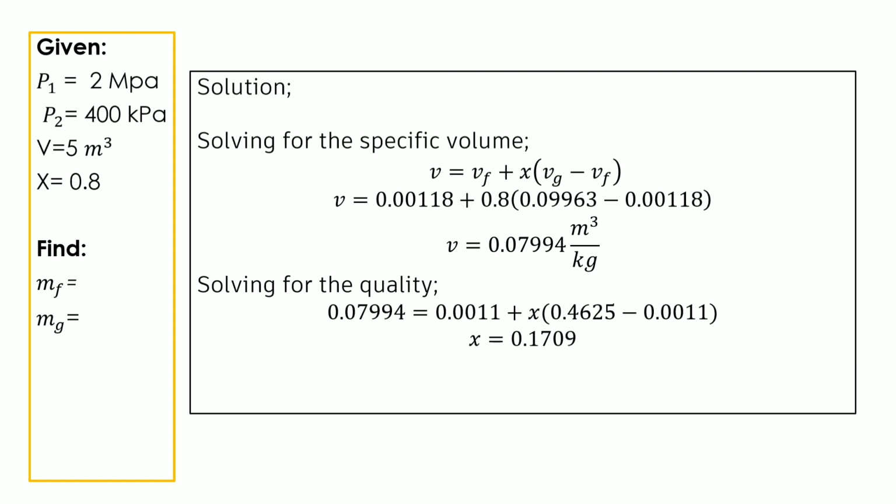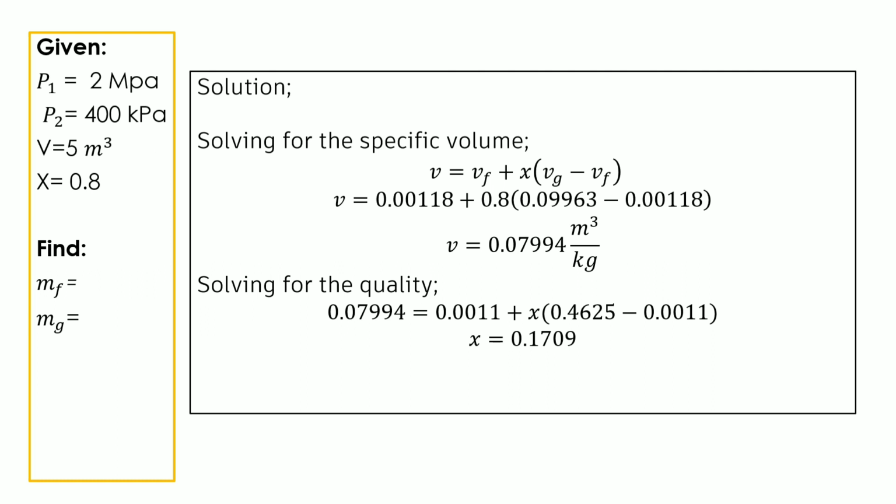After solving for the specific volume, we now proceed to solving for the quality. Let's plug in the result of our specific volume in this equation, that is equal to 0.0011 plus x multiplied by the difference between 0.4625 minus 0.0011.